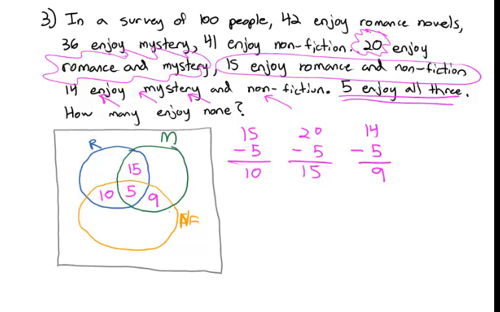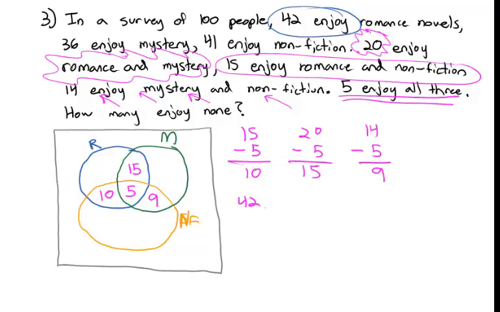Now we're ready to continue moving out in the circle. The next, we're going to look at the exclusive groups. Let's look at the romance group right here. Romance should be blue here. How many enjoyed romance? It says 42 enjoyed the romance novels.